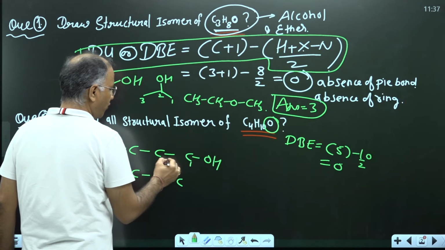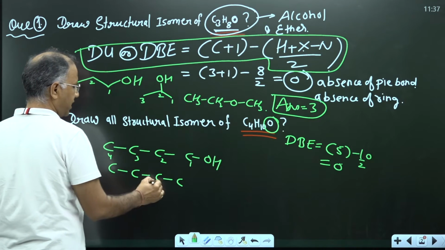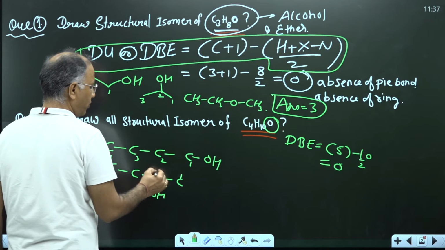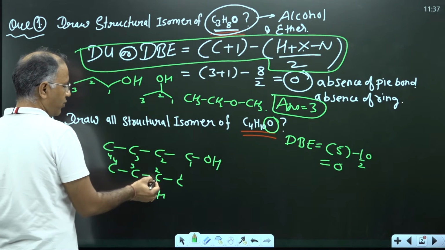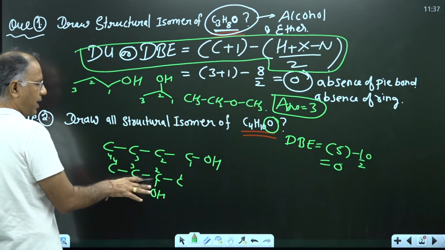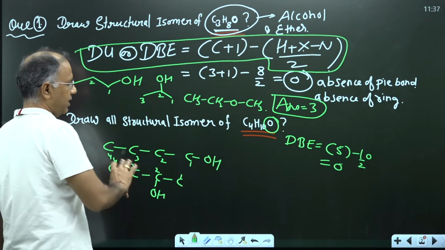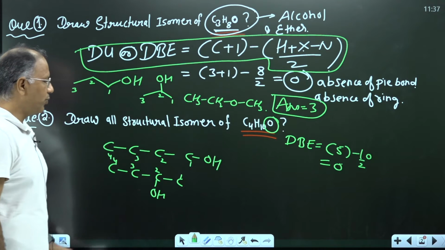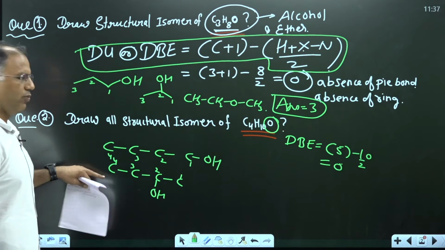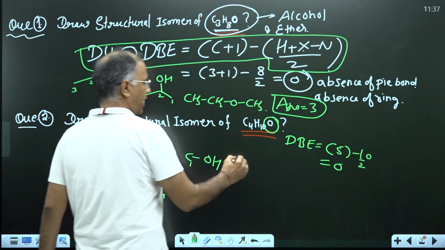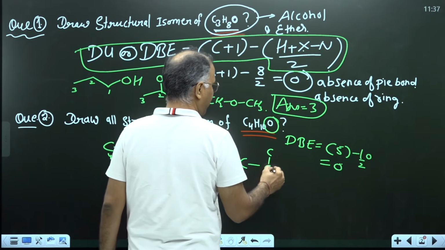Similarly, if I move OH from first to second, it is our 2-butanol. If I move OH from second to third, it forms an identical molecule, identical structural isomer. Okay. This means in 4 carbons, we have 2 possibilities, 1-butanol and 2-butanol. Now, second, we have to do branching of the alkane.